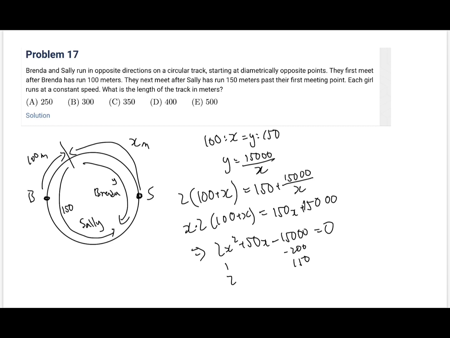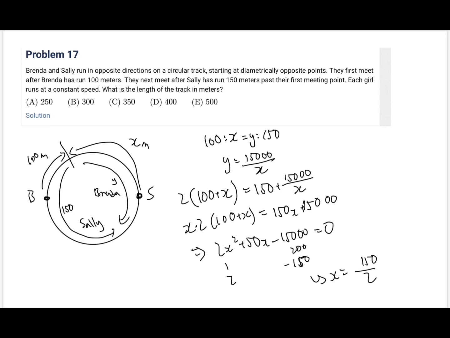And so here, no, that's not the minus. Here's the minus. And so this is 400 minus 150. And so this would be, yeah, so it's this one, right? So it's 2 minus 150.